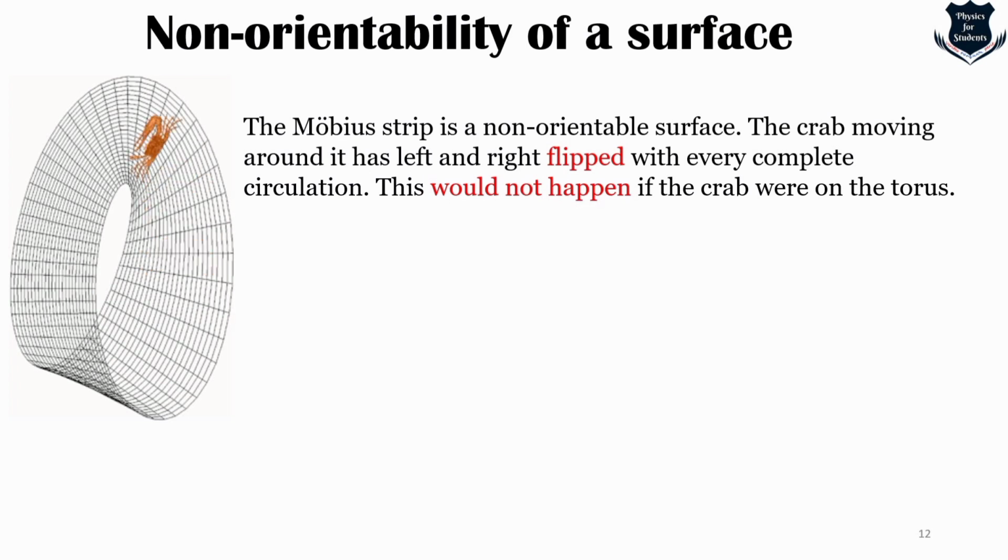Here it goes, and now you see it comes out totally on the right hand side. So left and right are completely flipped. That is what is called a non-orientable surface, but this would not happen in the case of a torus. Just a few seconds back, in a torus, if a crab moves, the left and right is not being flipped.